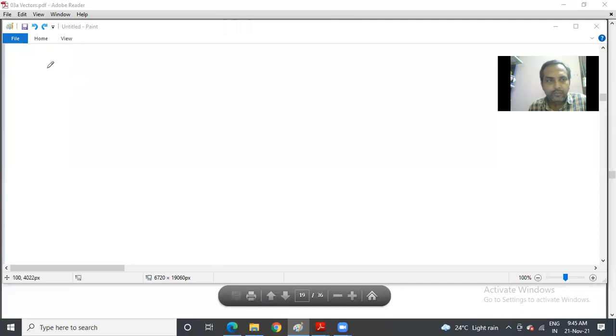Before we go to numericals, let me quickly revise the formulas which you have got. When the boat is rowed in downstream, VBG is equal to VRG plus VBR, the velocity of river with respect to ground and VBR.